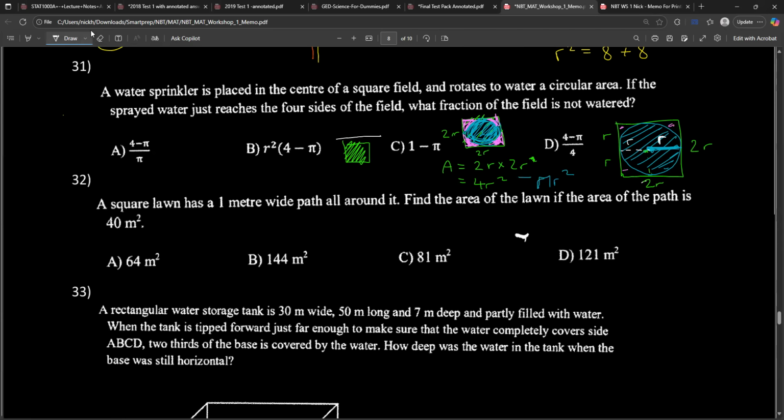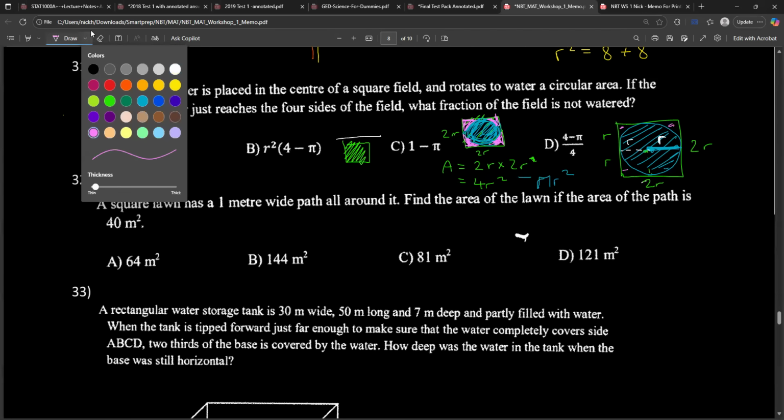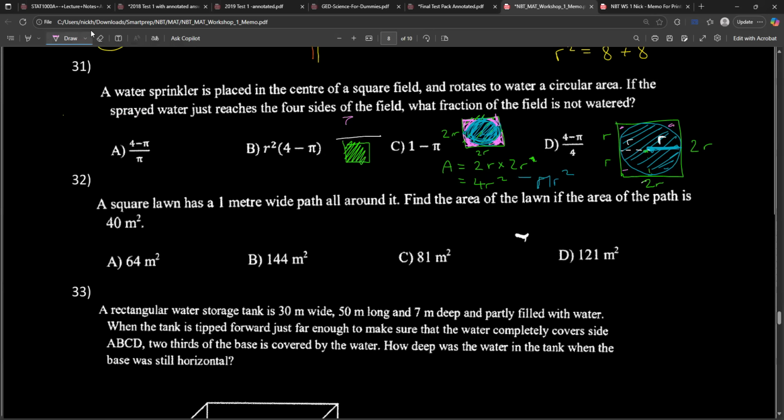And the fraction is the not watered part over the whole lot. So let me just draw this. It's basically that part, the not watered part, I'm just going to do in pink, over the total.